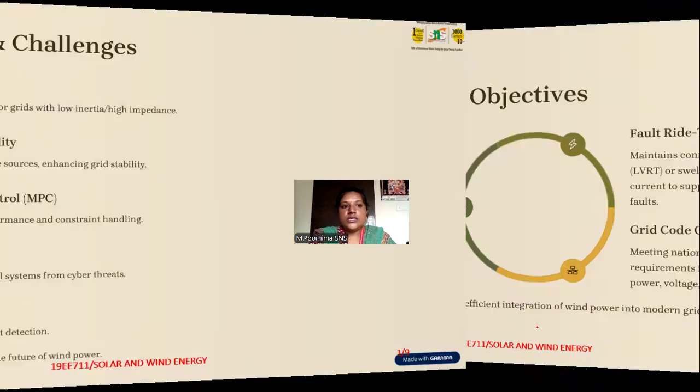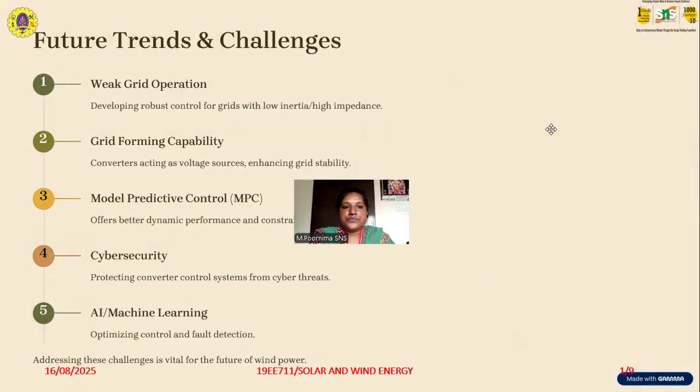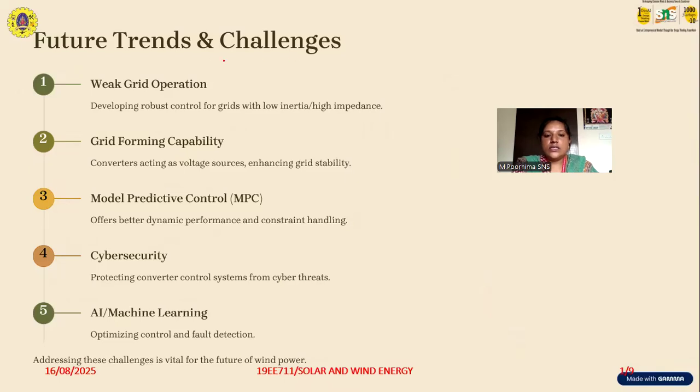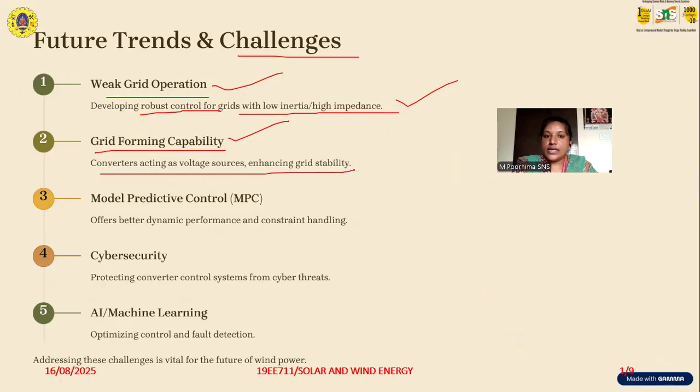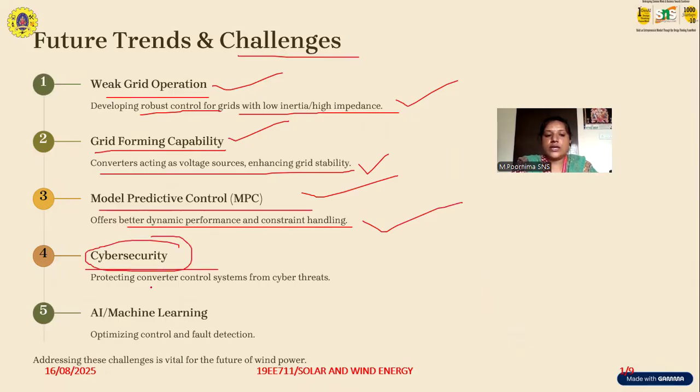Here come the future trends and challenges. The first is weak grid operation: developing robust control for grids with low inertia and high impedance, and grid forming capability, where converters act as a voltage source and enhance grid stability. The next one is model predictive control, which offers better dynamic performance and constraint handling. Then cyber security, which is very important: protecting converter control systems from cyber threats.